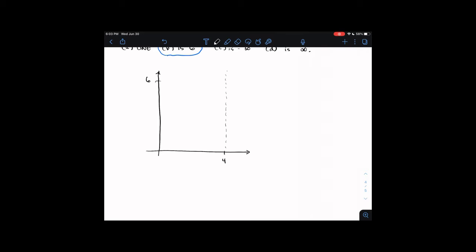So what this is saying is that the left limit as x approaches 4 of f is 6, and that the right limit, maybe it's up here, is also 6. This is the way that I think about this, it's kind of like in two sections. So let's draw a little arrow here. This part is saying that the limit as x approaches 4 from the right of f of x is equal to 6.